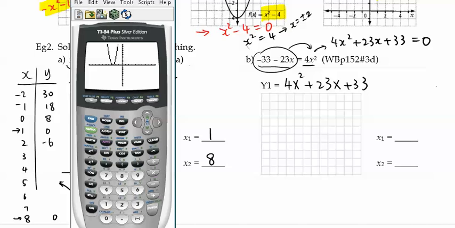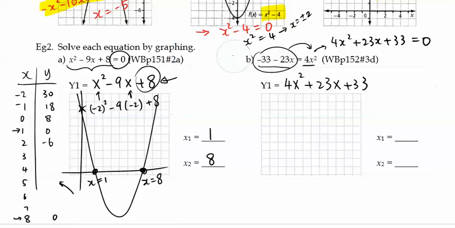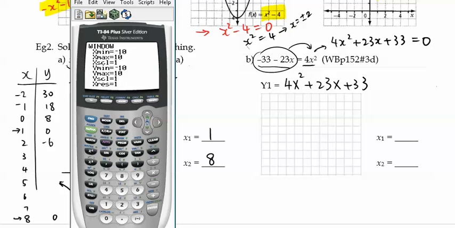Usually the calculator will give us a domain from -10 to +10, and the y value goes from -10 to +10. That is what your graphing calculator would usually use. You can press window to look at it. Those are the numbers that we usually use for the domain and range, but it may not be the best.